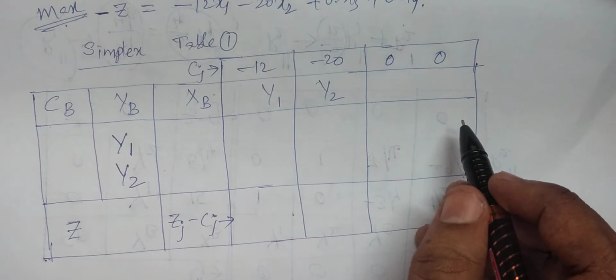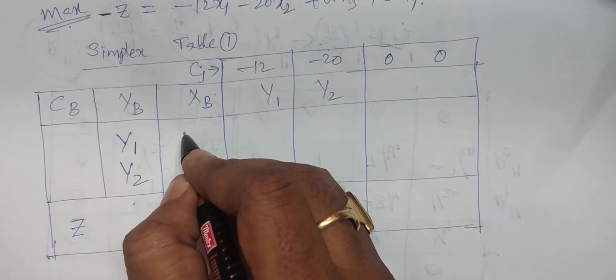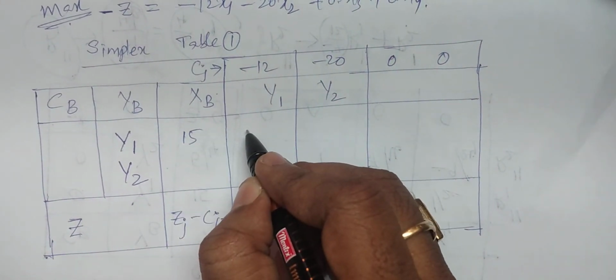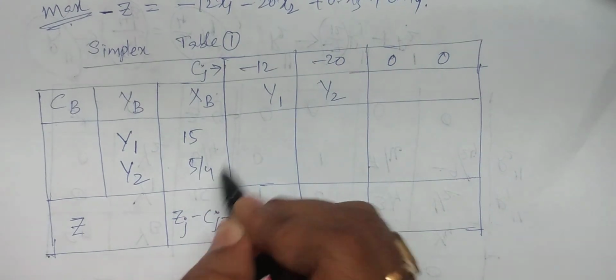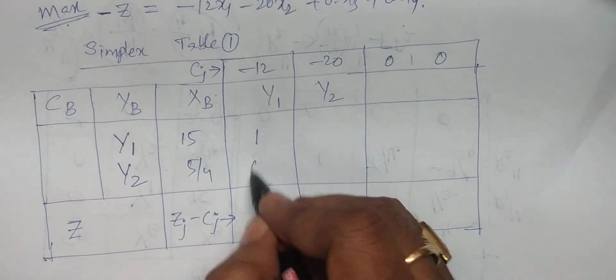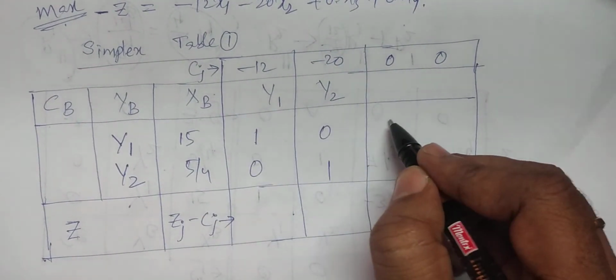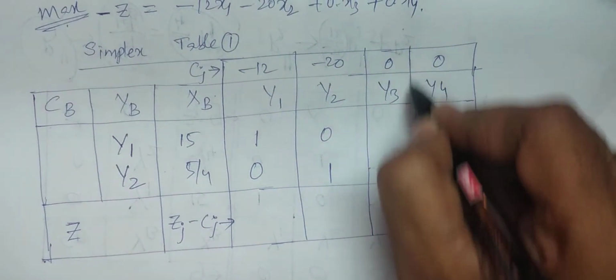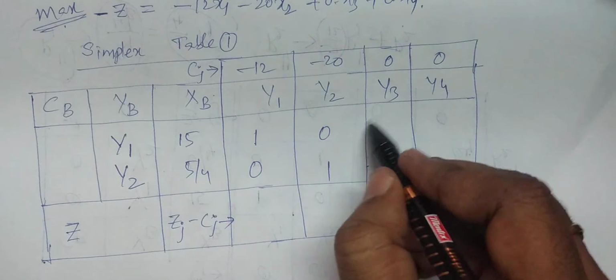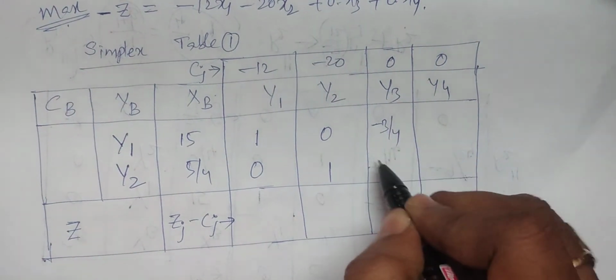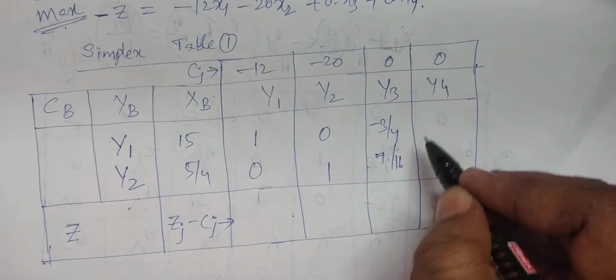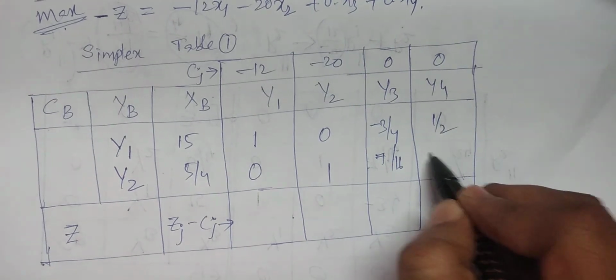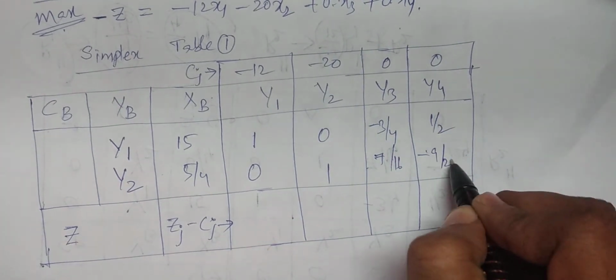Now for all the remaining vectors I note the values 15, 5 by 4, 1, 0, 0, 1, and y3, this is y4, and y3 is minus 3 by 4 and 7 by 16, and it is 1 by 2 and it is minus 9 by 24.